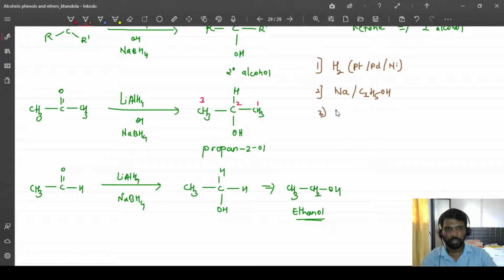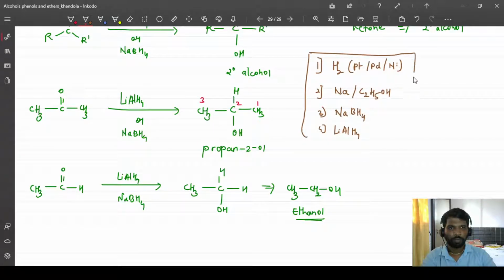Third is sodium borohydride, and the fourth is lithium aluminum hydride. Strongest among all these four is lithium aluminum hydride. You can remember this for reduction of the aldehyde, ketone and even for the carboxylic acid.